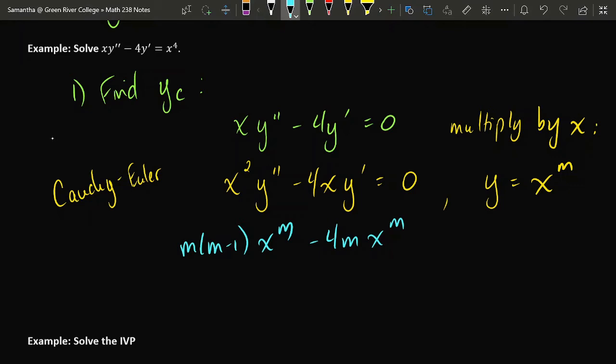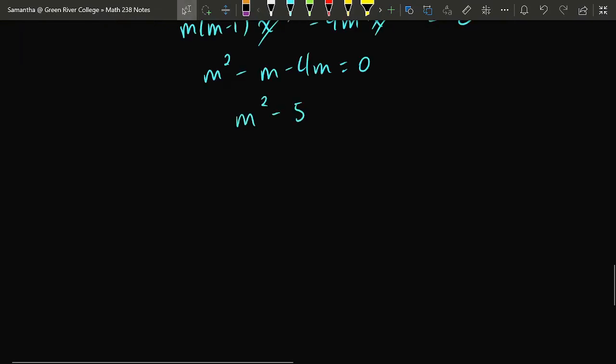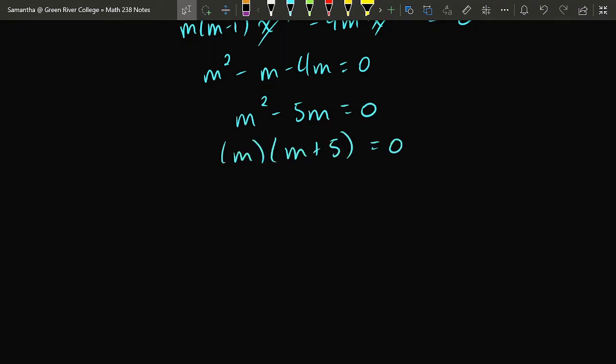There's no term with just y, so then we would just get 0. Or m squared minus 5m equals 0. So from that we get two solutions corresponding to m equals 0 and m equals positive 5.